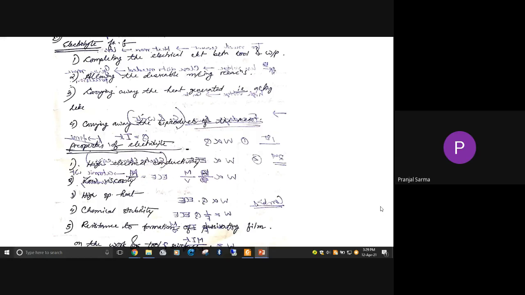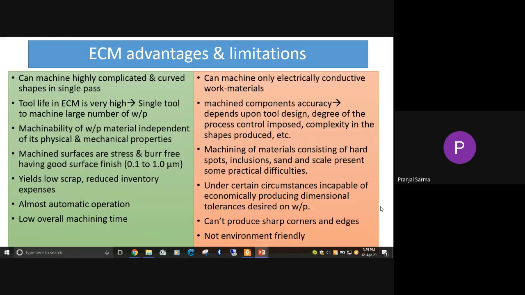It should be chemically stable, so there is no passive film formation on the work and tool surfaces because of the electrolyte material. Similarly, it should be environmentally friendly, and cost is another factor. These are some of the desired properties.